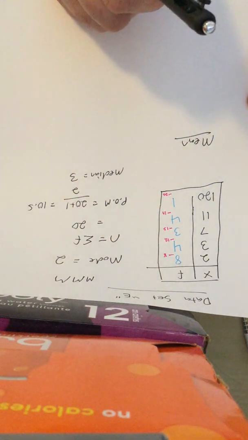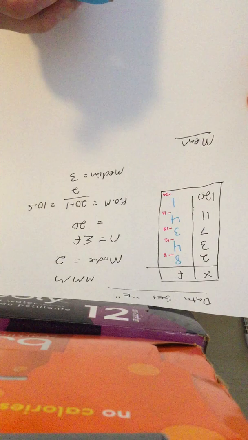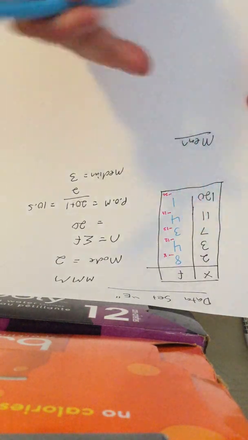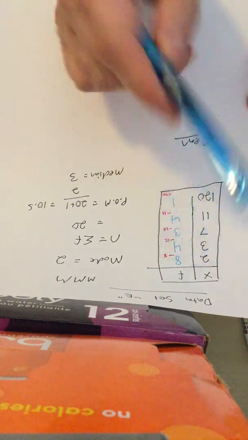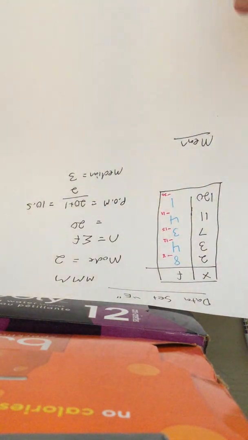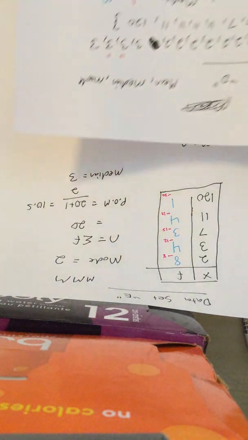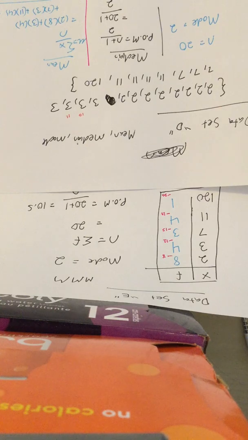The mean is the sum of all the values. This data set E and data set D that I had over here are actually exactly the same data set, right?